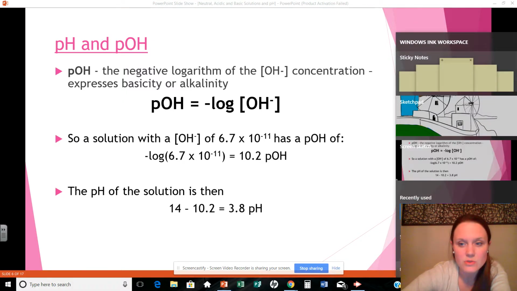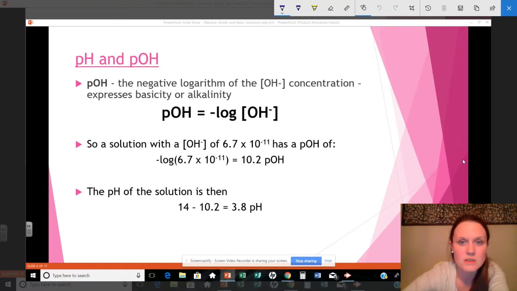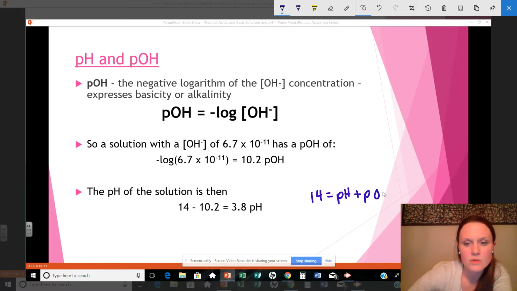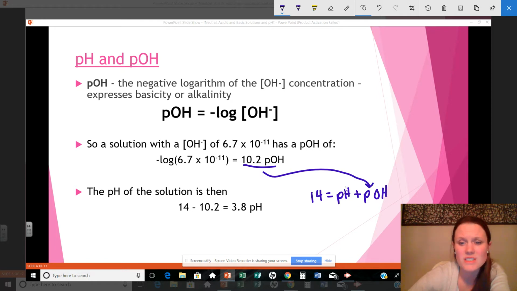The reason you do that is because we use a pH scale to tell us how acidic or how basic something is. And then we use this relationship to figure out, if this is my pOH, then in order to know how acidic or how basic something is, I have to know the pH. The pOH does not tell me that.